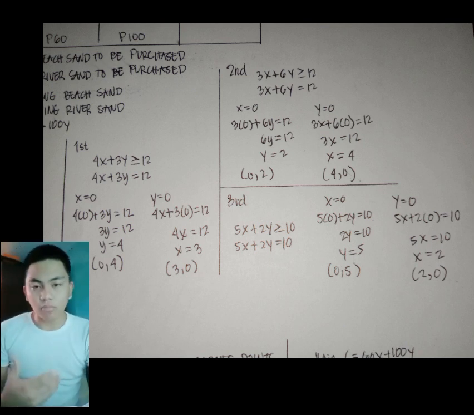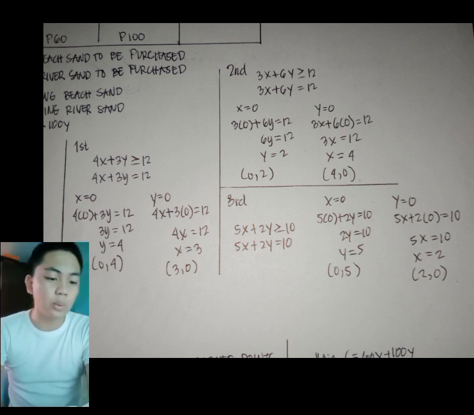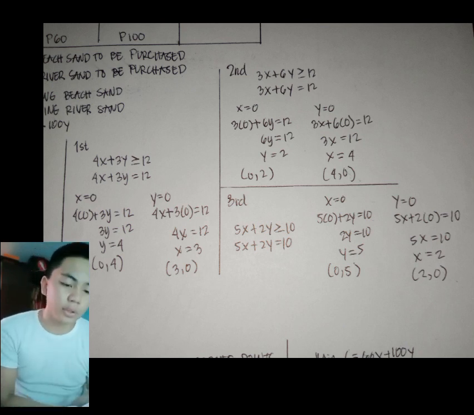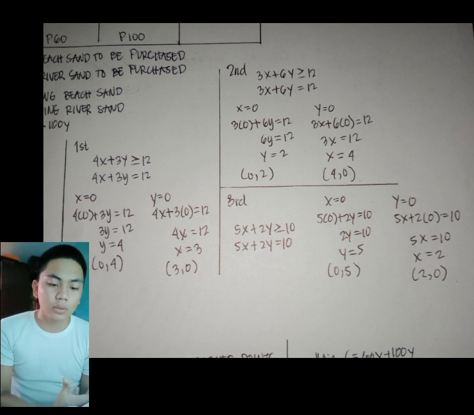In order to get the value, you need to choose first whether you want to get the x value first or the y value first. In order to get the x value first, you need to set the y value equal to 0.